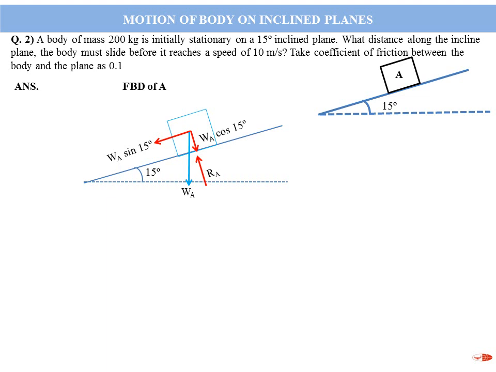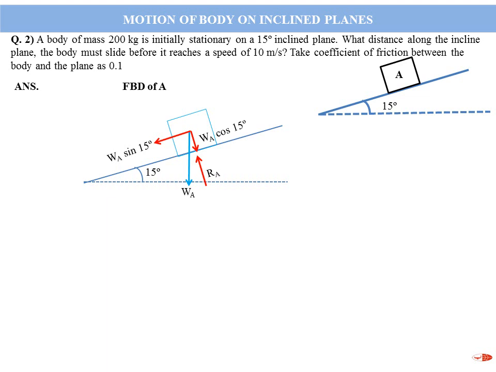Once you split WA into WA cos 15 and WA sin 15, you should not represent WA. That's why I use blue color for WA. All the forces acting on the body, I will represent with red color.